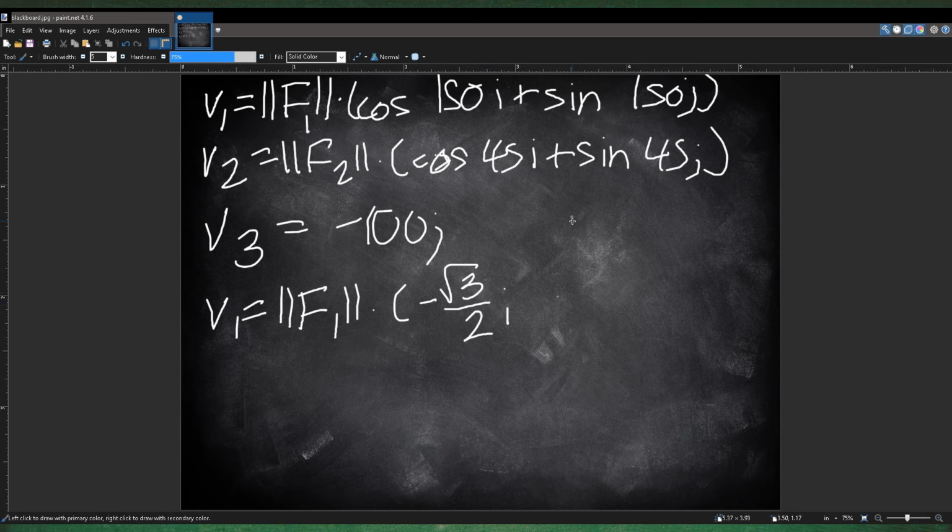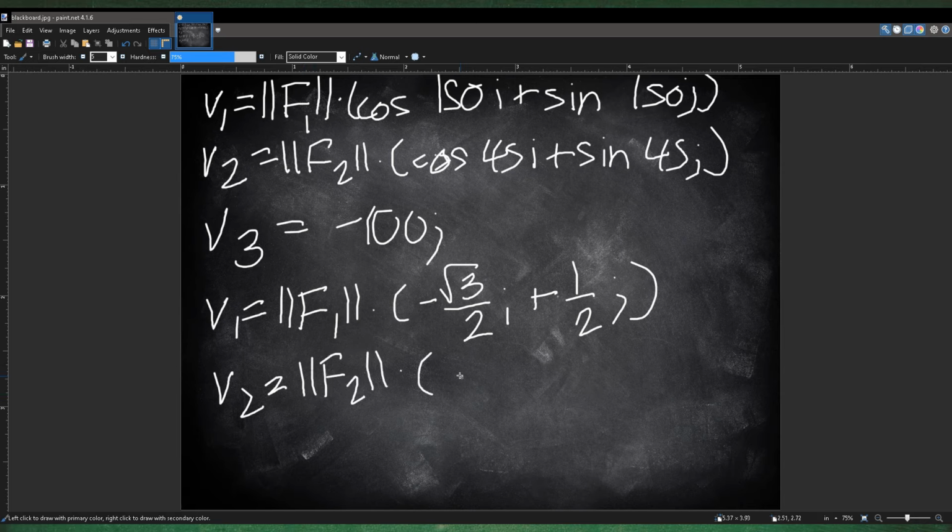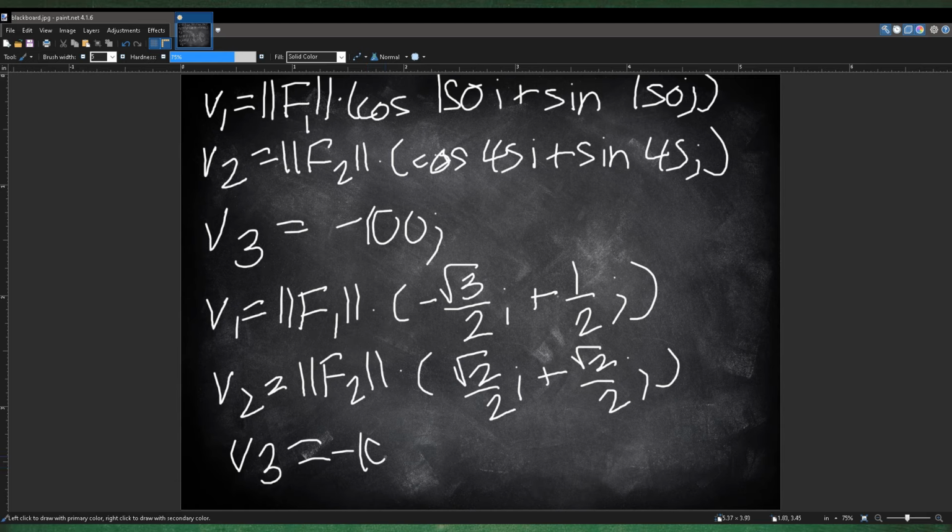And then sine of 150 degrees is 1/2. And then vector 2, which is force 2 right here, magnitude times cosine of 45, which is square root 2 over 2, and the sine is square root 2 over 2, j. So we have two square root 2 over 2's. And vector 3 is basically the same thing, which is negative 100j.